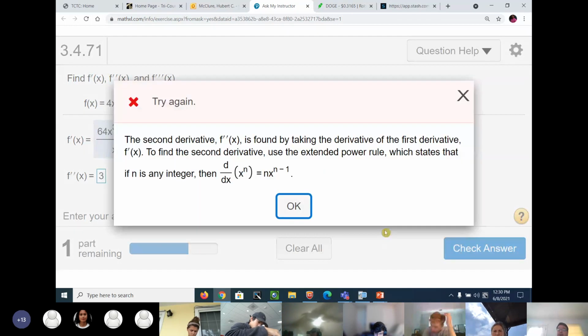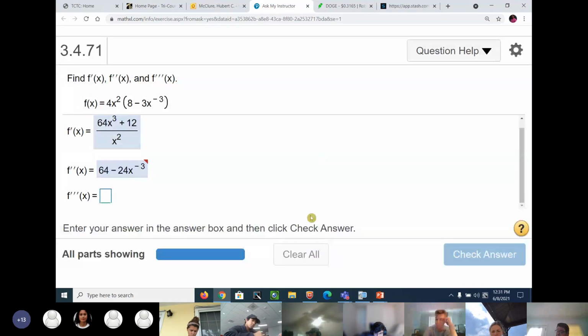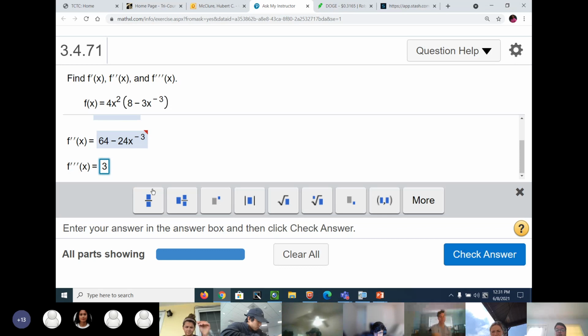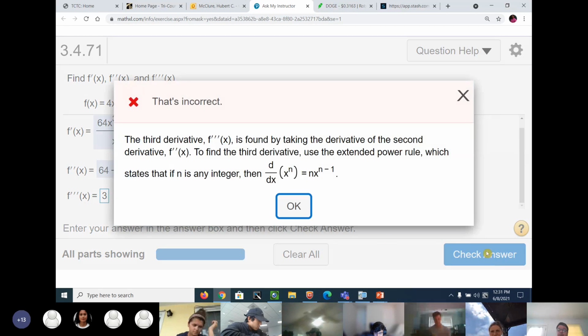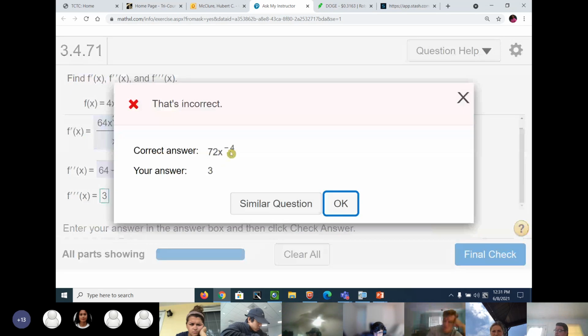And 64 minus 24x to the negative 3rd. And the last one, 72x to the negative 4th.